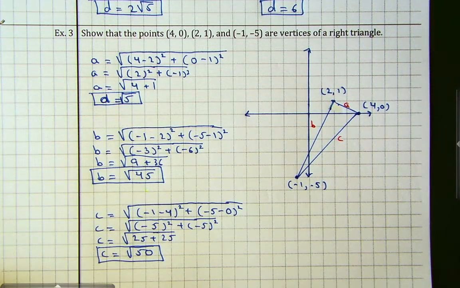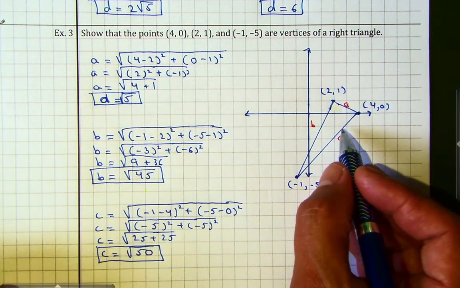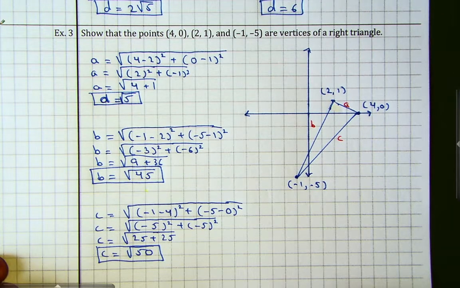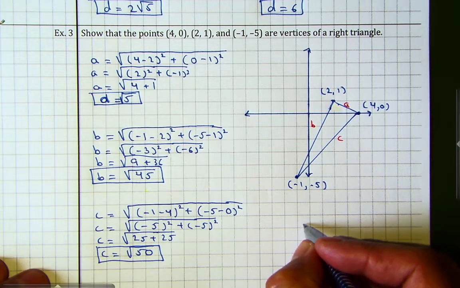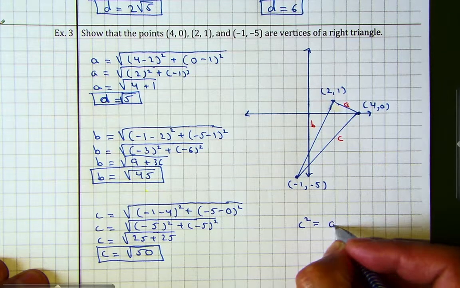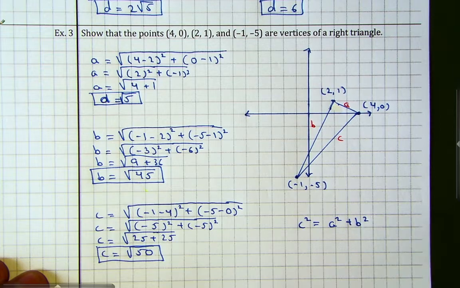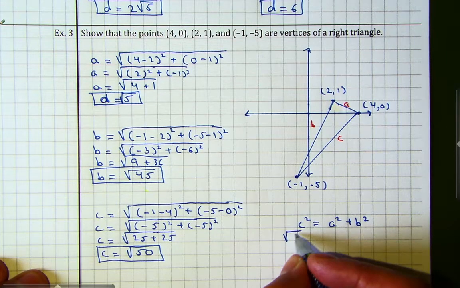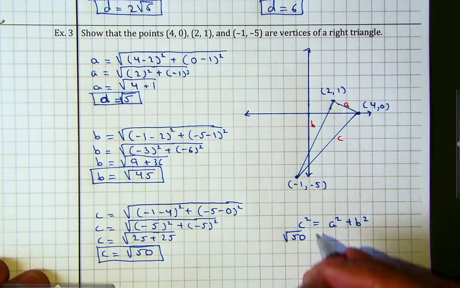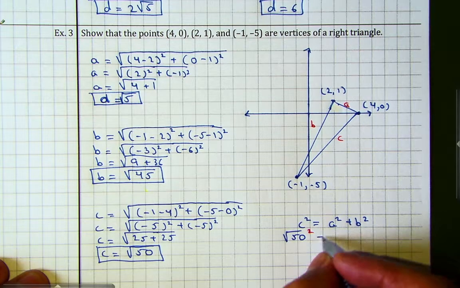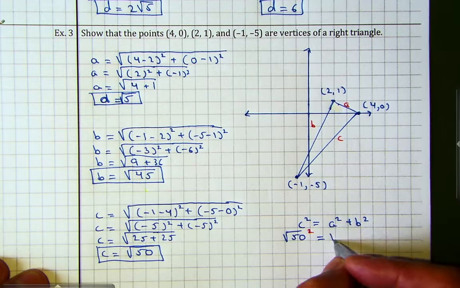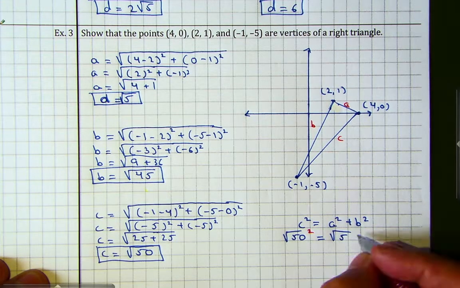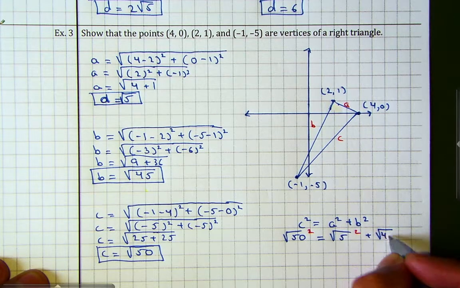So therefore, if this is a right triangle, if I use my Pythagorean theorem, which is c squared is equal to a squared plus b squared, it should give me a true statement. So c is the square root of 50 squared. A will be the square root of 5 squared, and b will be the square root of 45 squared.